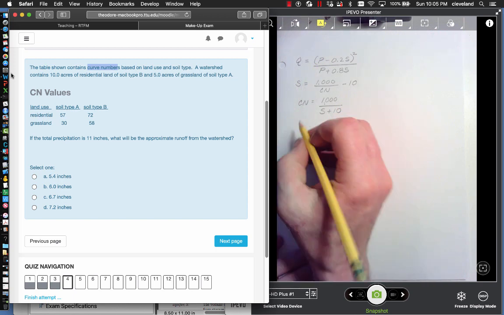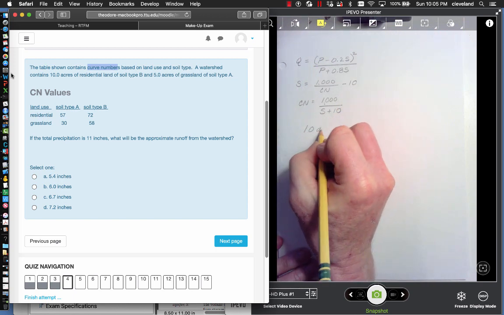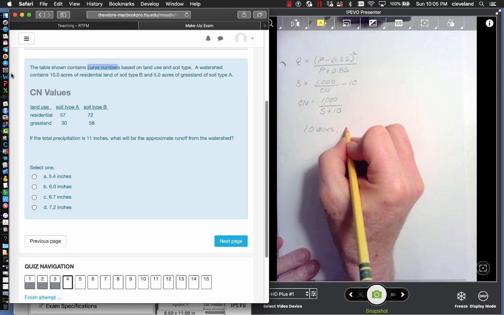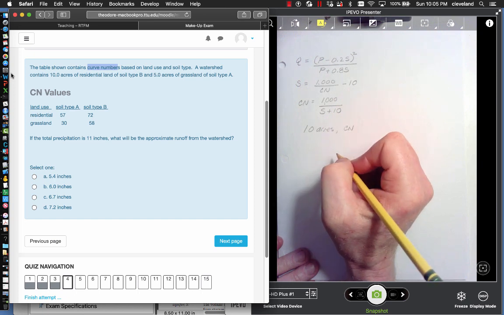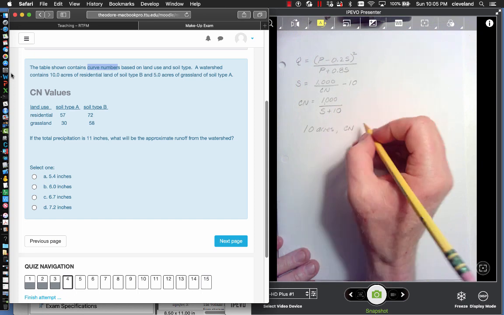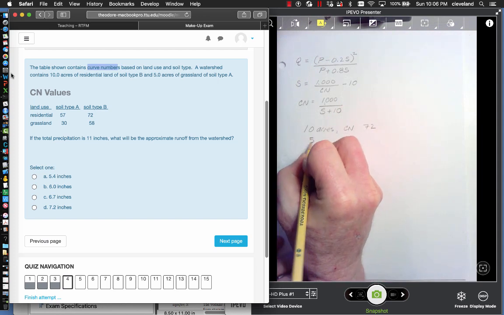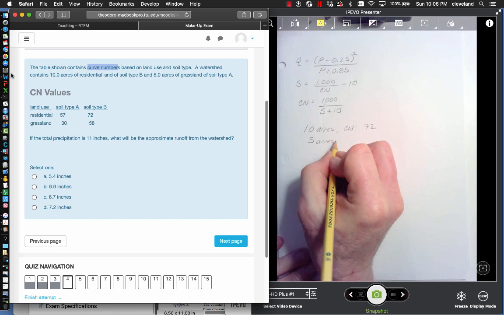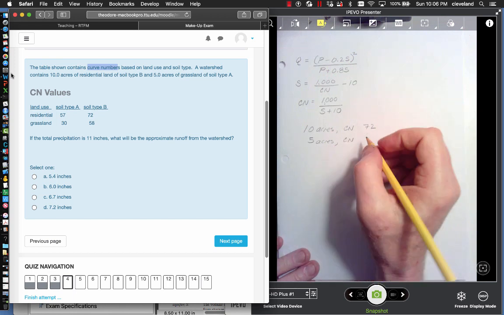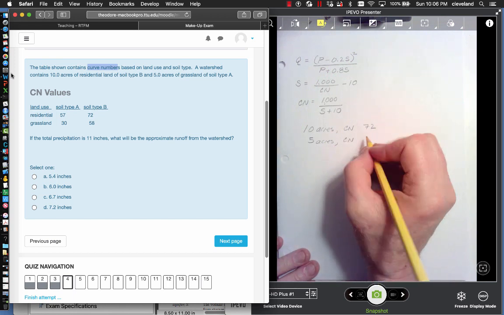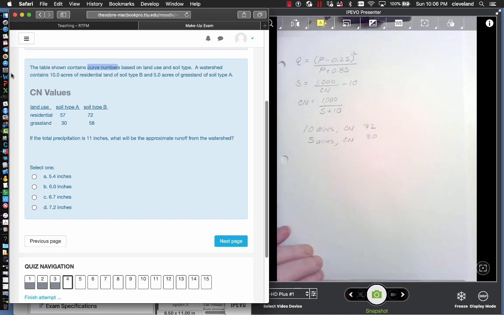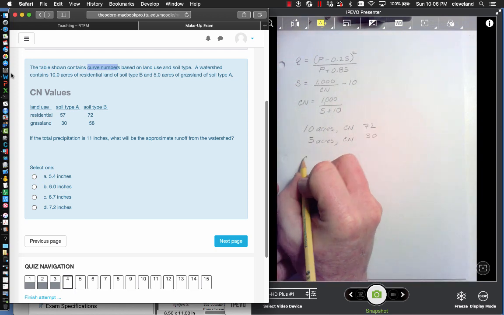We have 10 acres of residential, soil type B, so that's curve number 72. And we have 5 acres, soil type A, curve number 30. Like with the rational method, we could either compute each of the partial contributions and add them together, or use a composite curve number.